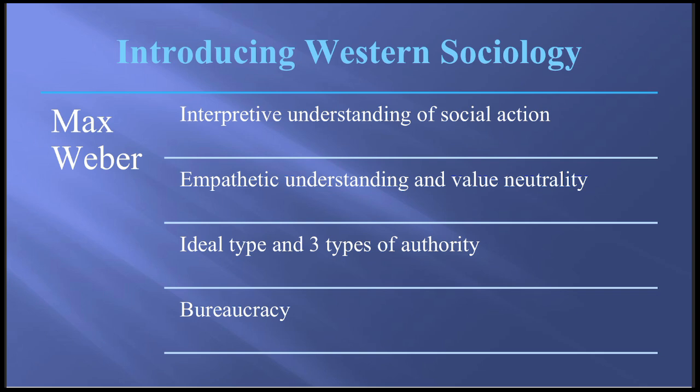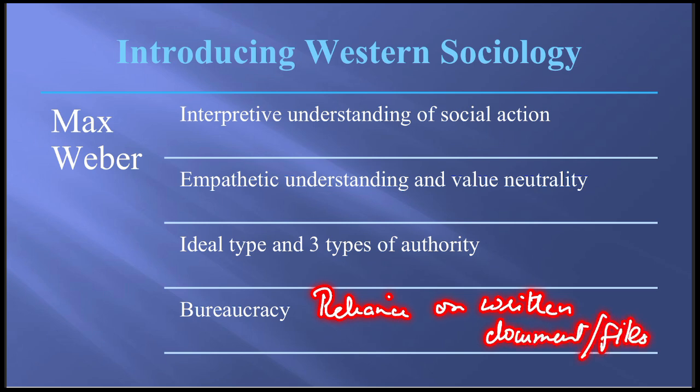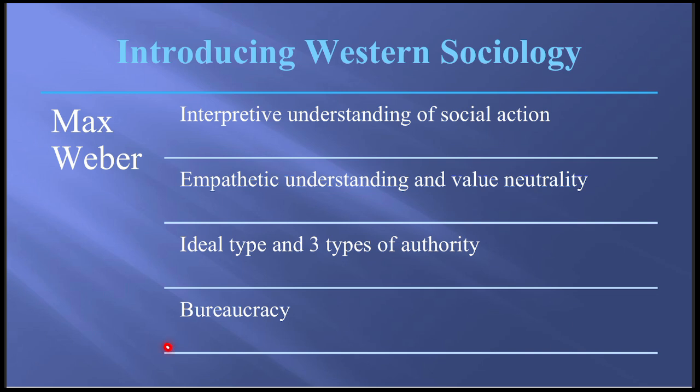Next is the reliance on written documents. Here we have the management of the organization on the basis of written documents or files, which are preserved as records. There is an accumulation, you could say, in decision making of this bureau or office.